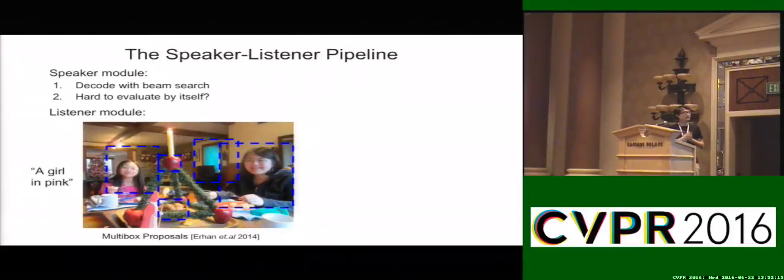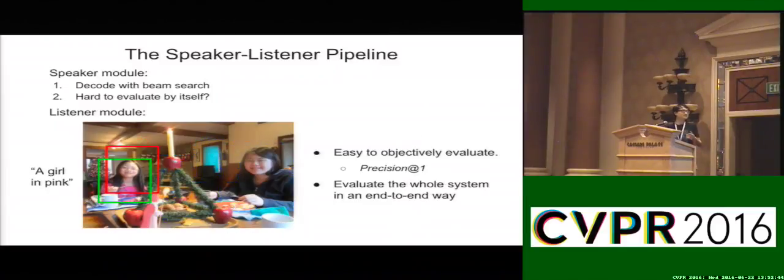So let's then talk about the listener module. We can actually still use the trained model to calculate the probability given the sentence and the image. For example, for a description like "a girl in pink," we can calculate the probability of the first region. Probably the probability is 0.89. We continue to calculate the probability for all the regions, and then we just pick the region that has the highest score.